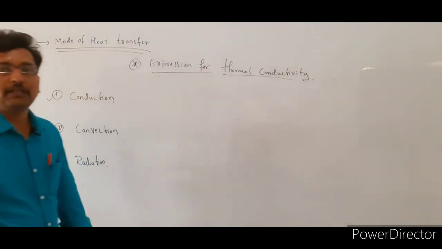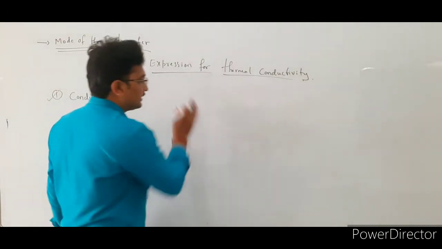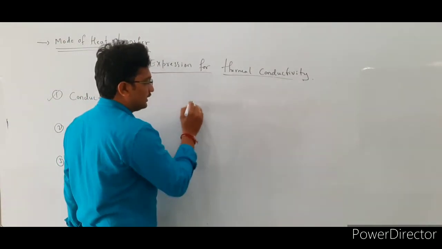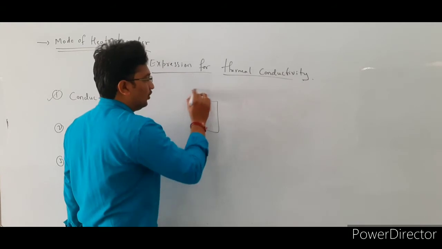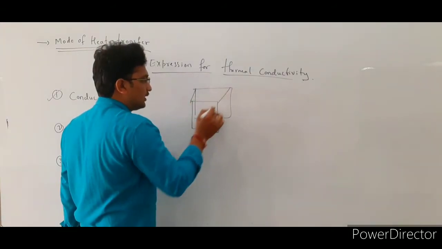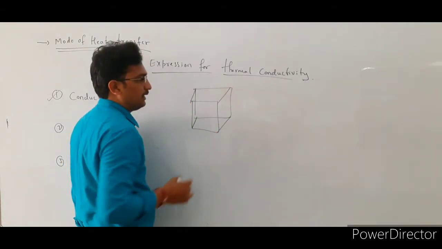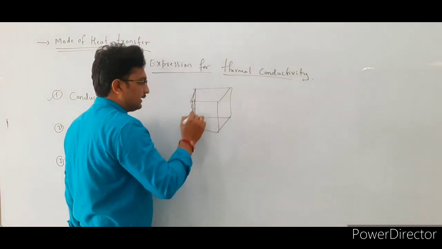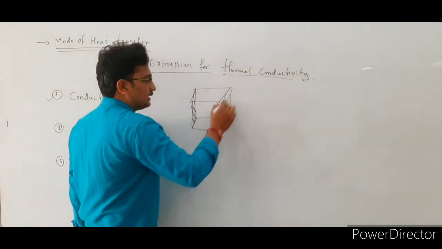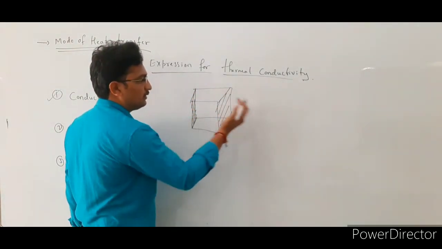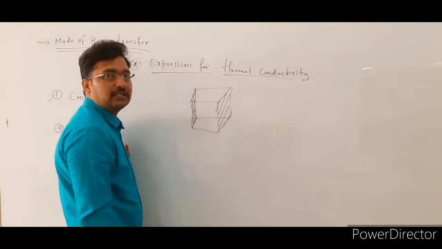In this case, consider this is a cube. This cube consists of 6 faces. This is the first face, second face, third face, fourth face, fifth face, and sixth face.